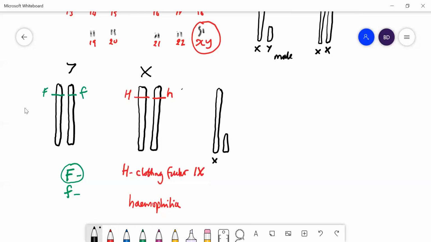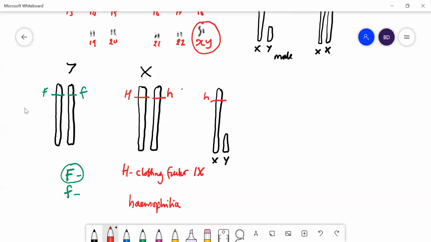So there's the X chromosome and there's the Y chromosome. If he's got a faulty copy there, then he will suffer from the disease, because there's no matching part on the Y to match that part of the X. So even though he's only got one bad copy of the gene, he hasn't got a good copy, so that person will suffer from haemophilia.